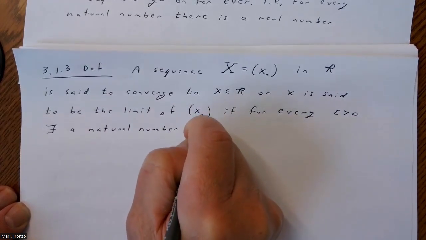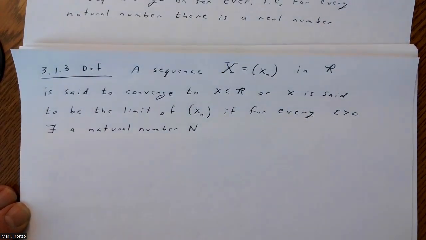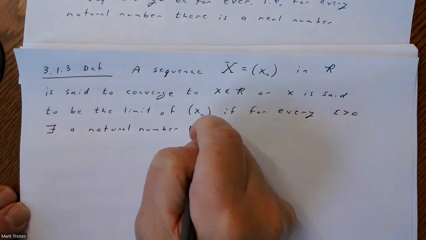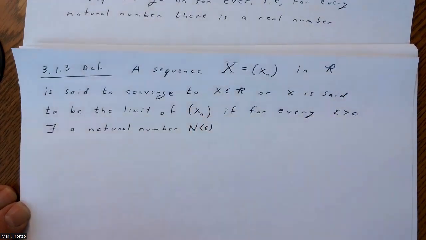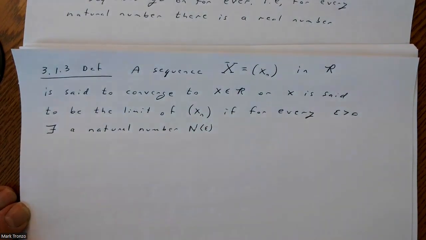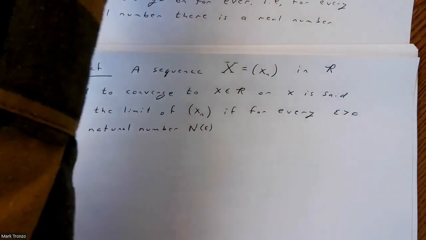and now you don't have to do this. Sometimes you can put it like that. This natural number depends on the epsilon. Again, you don't have to do that.